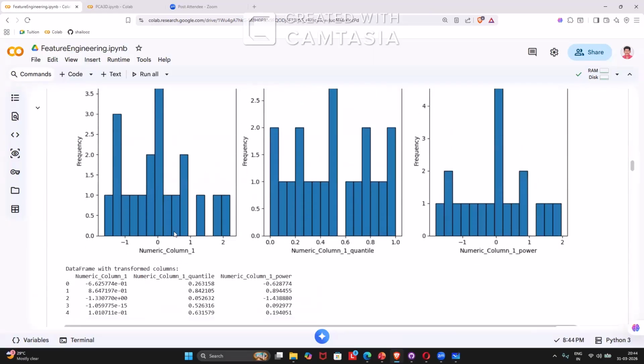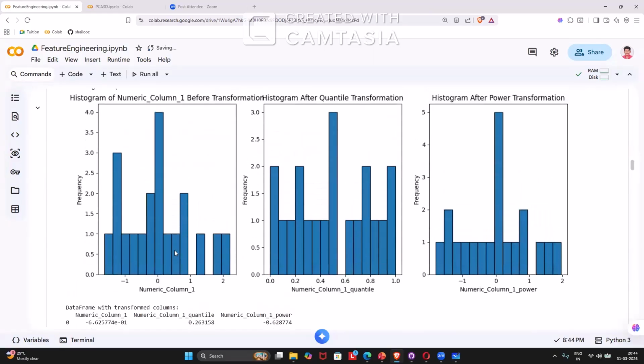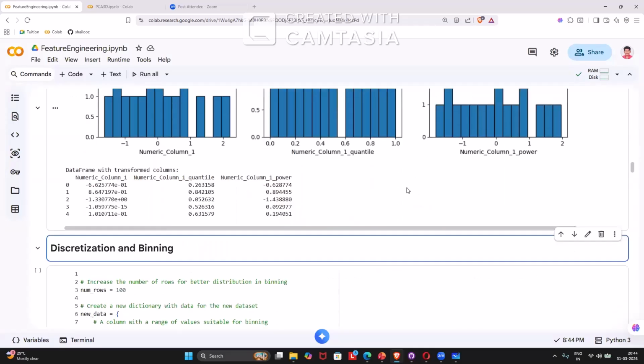Here this is one numerical column. After applying the quantile transformation, the histogram is actually getting changed, right? The skewed data is following a normal shape. Here you can also see that the power transformation is converting the data into a normal form.